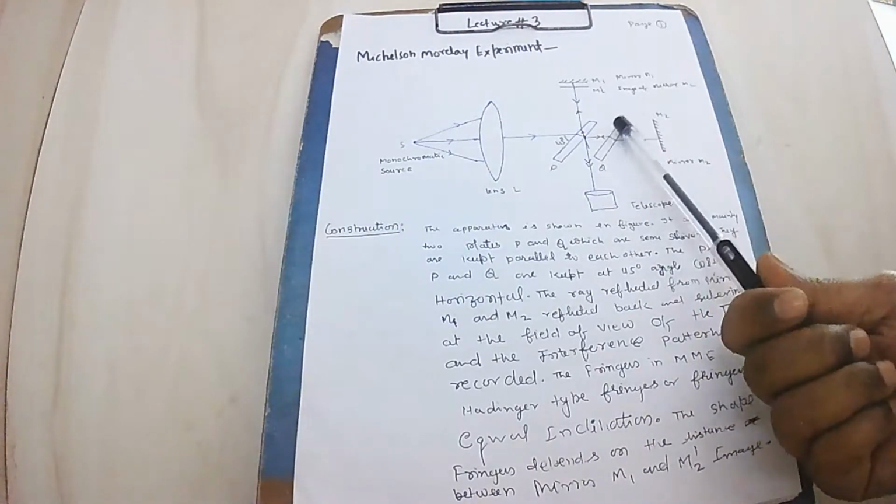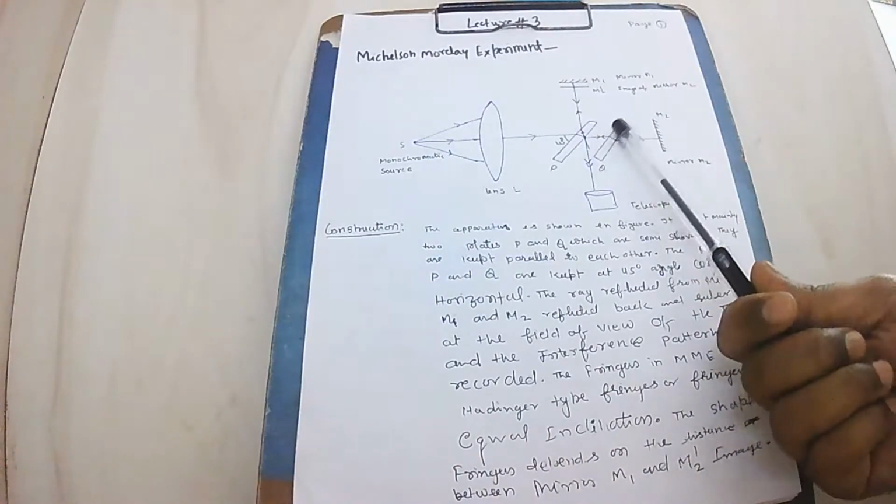Why do we use this plate Q? This plate is known as a compensating plate.